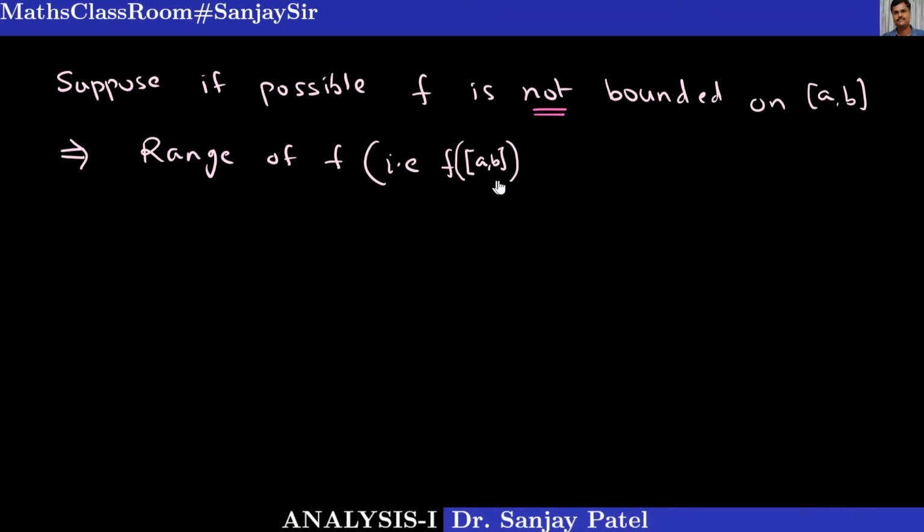Closed interval AB is the domain of the function and this is its image set under f. This set is not a bounded set. A function is bounded if and only if its range is bounded. That is also something we have discussed in our first lecture.